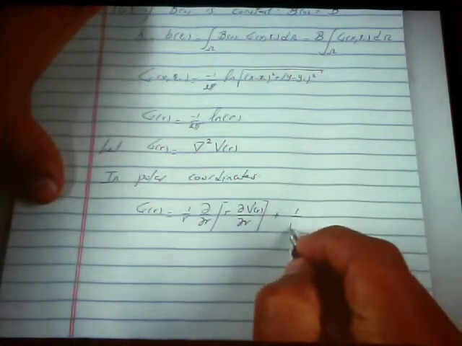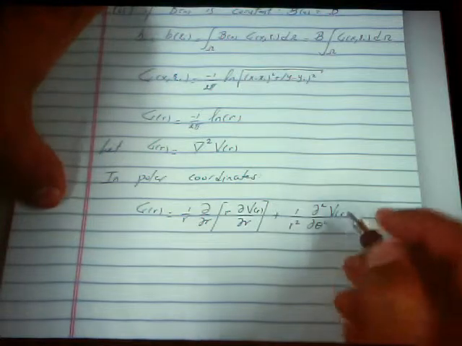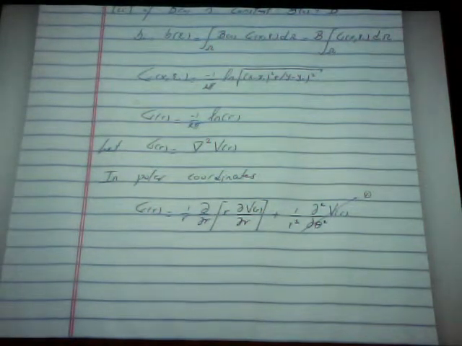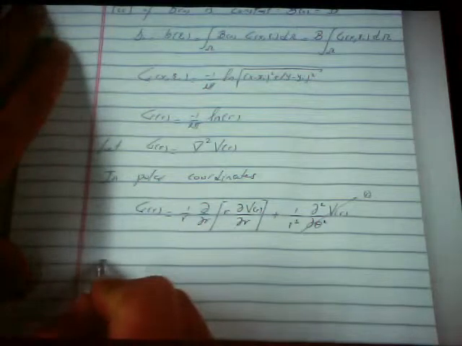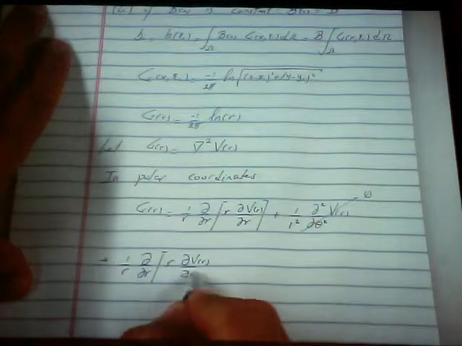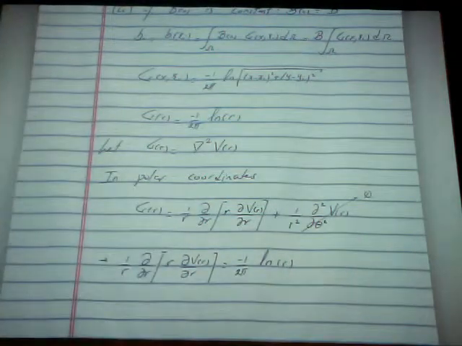The Laplacian will be 1 over R squared, the second derivative with respect to theta of V of r, but this one will go away because V is expected to be only a function of r. So 1 over r d dr r dV dr is equal to minus 1 over 2 pi log of r.